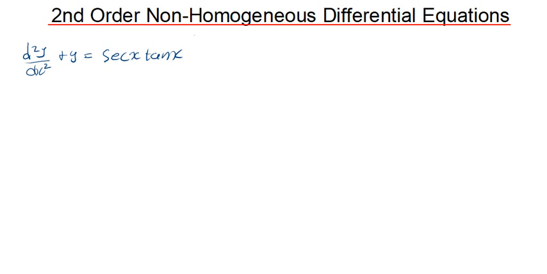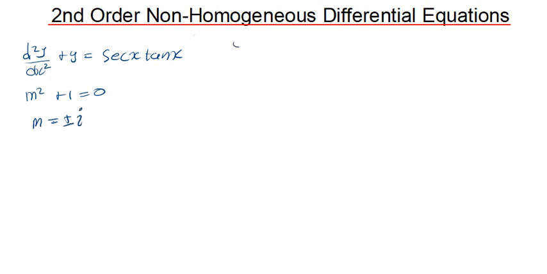Here it simply means that you have m2 plus 1 equals 0. So in this case, our m is going to be positive or negative i, just like in the previous example.